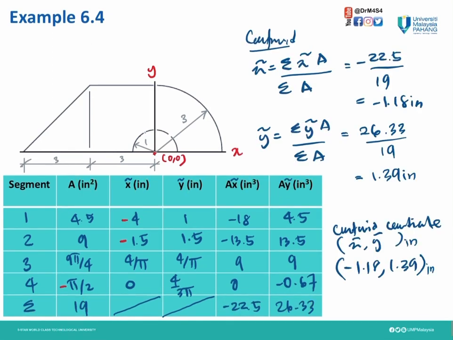So we can calculate our value for x bar, and we get negative 1.18 inch, while y bar is 1.39 inch. That means the centroid coordinate for this composite block is negative 1.18 and 1.39 inch.